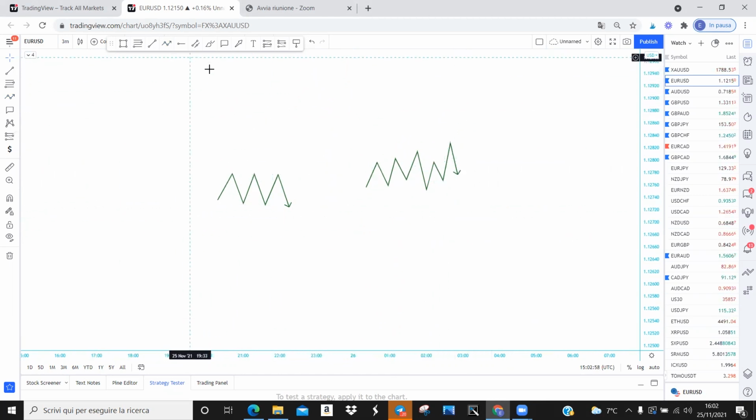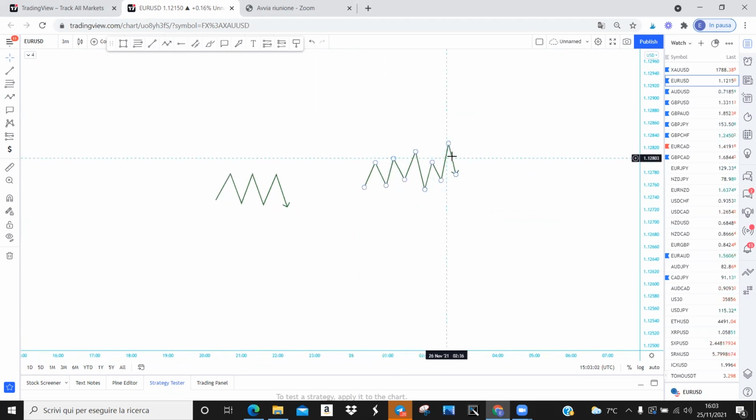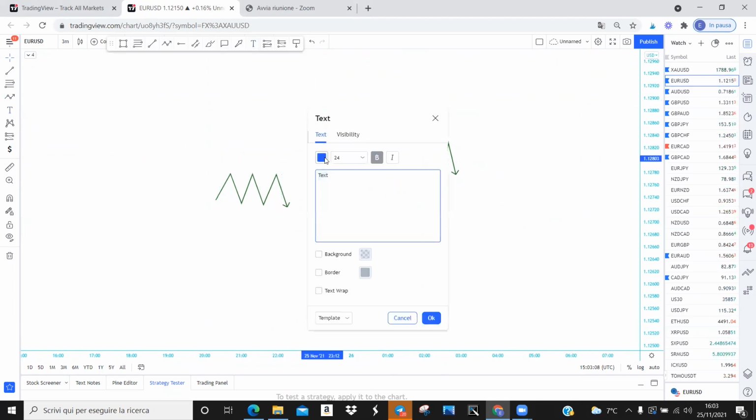Now, this applies to all pairs, but especially it applies to major pairs. So Euro USD, let me write it down for everyone. Euro USD, AUD USD, GBP USD, then you can use it on GBP AUD and GBP JPY too, but they are secondary.